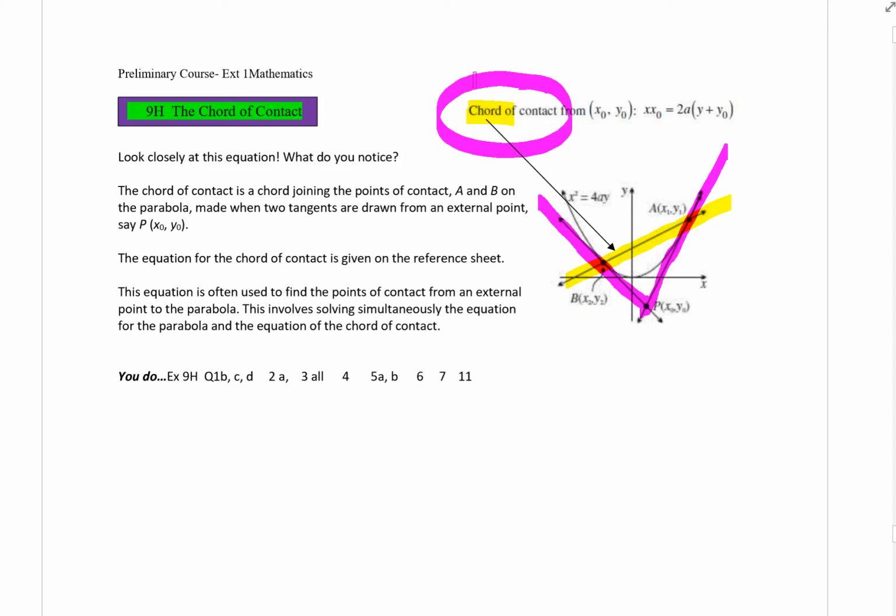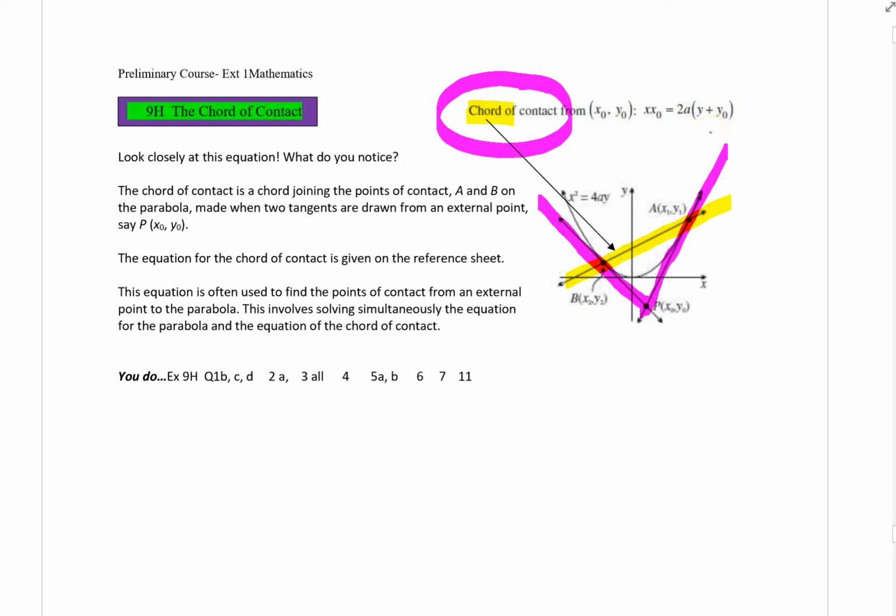Now, in this situation, your external point is called x0, y0. I've actually seen in other textbooks that external point is called x1, y1, and so their equation looks slightly different.